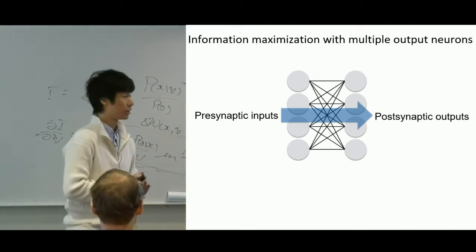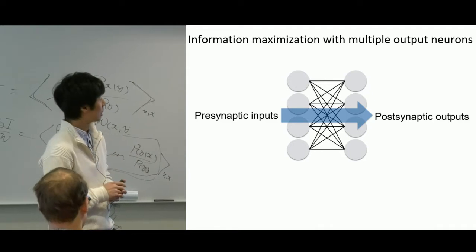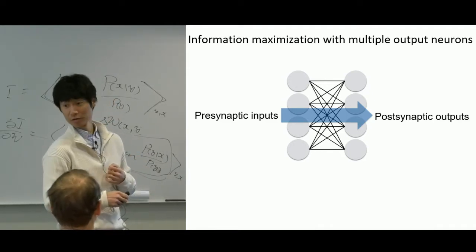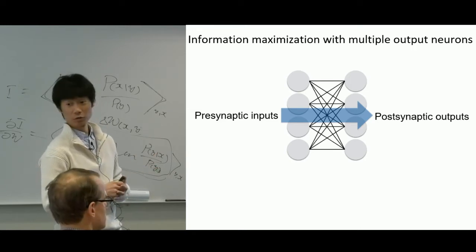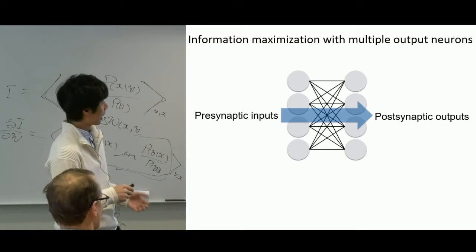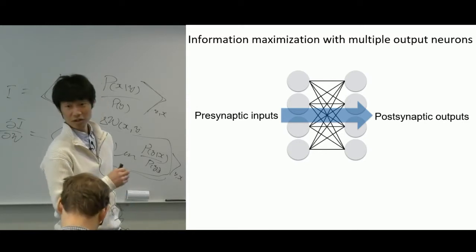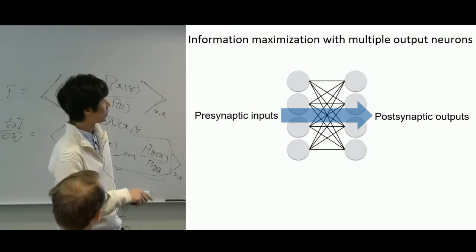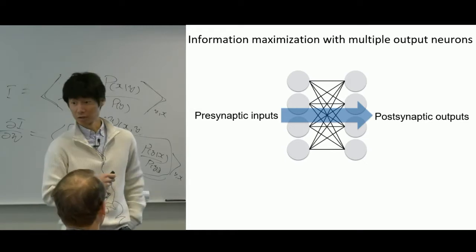But when we think about information maximization in a more realistic environment, there is not only one postsynaptic neuron, but there are multiple neurons coherently encoding the information. And Infomax in this setup is a more difficult problem because coordination among output neurons is required.